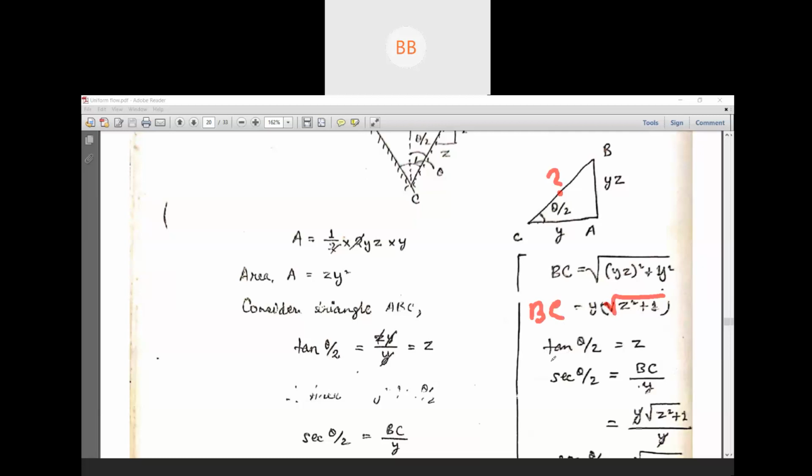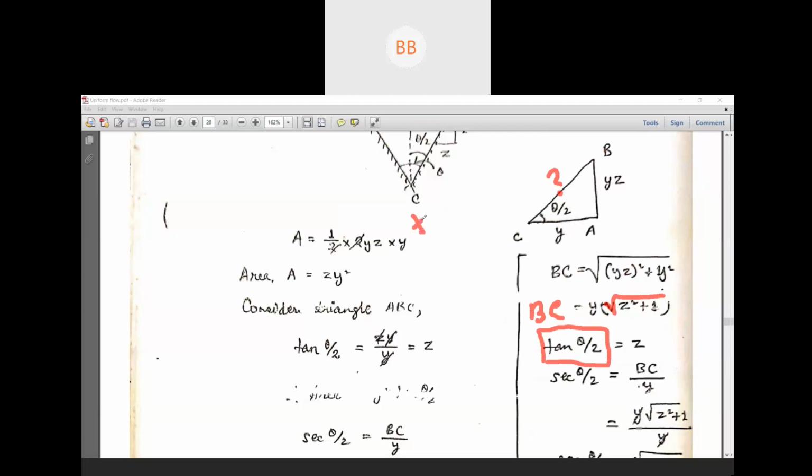Then we consider tan theta by 2, that is, tan theta, where theta in our case is theta by 2. Tan theta is perpendicular by base.